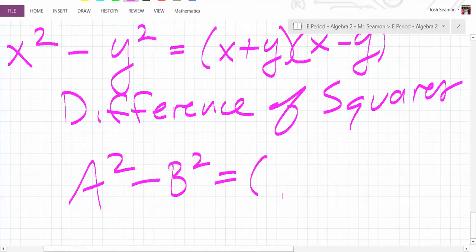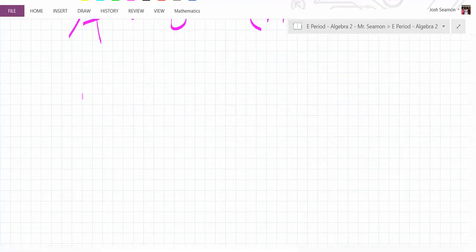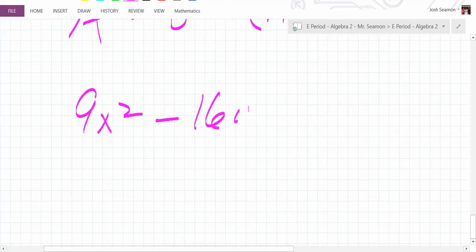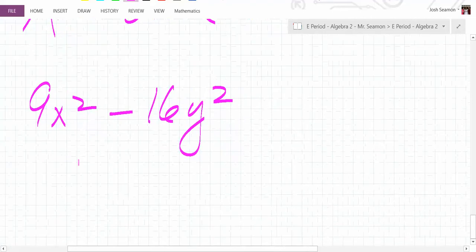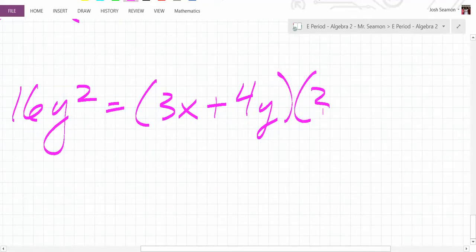What does that equal? A plus b times a minus b. Exactly, right? So what about this? How about 9x squared minus 16y squared? What does that equal? 3x plus 4y times 3x minus 4y.